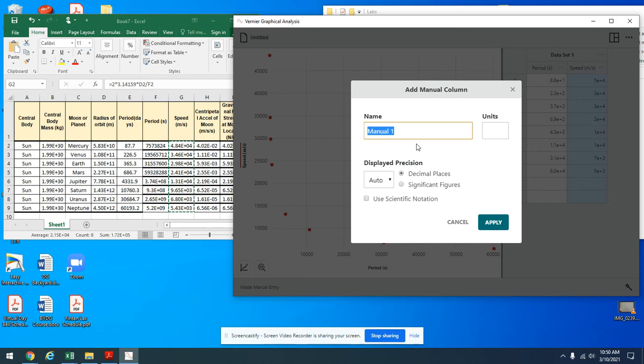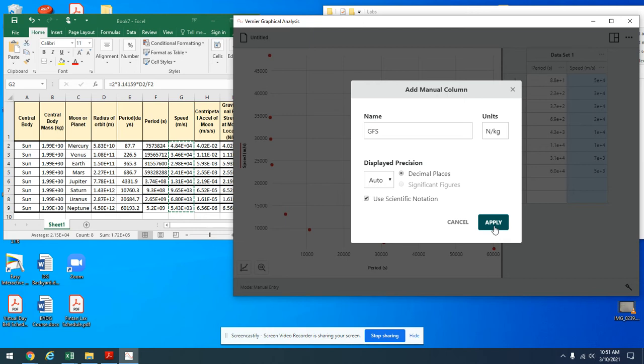Next thing I'm going to put here is gravitational field strength. I'm going to call that GFS. The units for that would be newtons per kilogram. Those units are equivalent to meters per second squared, but we're interested in thinking about it as gravitational field strength right now.